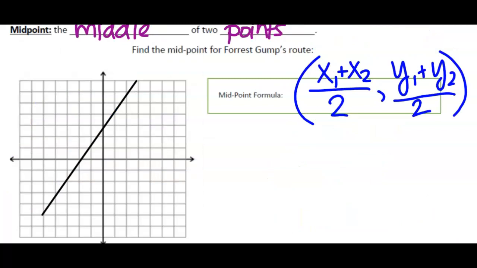Fantastic. The other thing that I want to determine is where was the middle of Forrest Gump's route. Find the midpoint. So we talked about midpoint in the video. We're going to take our points and we're going to use our midpoint formula. Just a reminder, my points were -5, comma, -5, and 3, comma, 7.